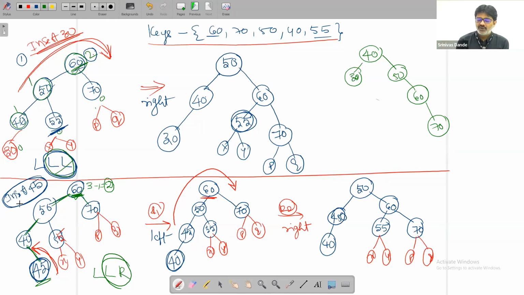Next, when you do LR rotation, we have to do 2 rotations. For the first rotation, you consider from the impacting node the 3 nodes, and for the second rotation again you take from the unbalanced node. Is that clear? Same thing we will do for right and right also. I hope the point is clear, guys. Tell me yes or no.